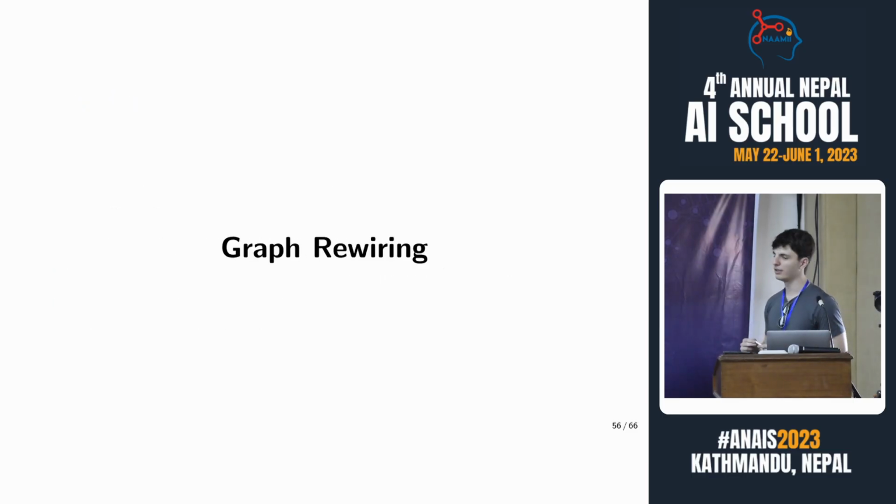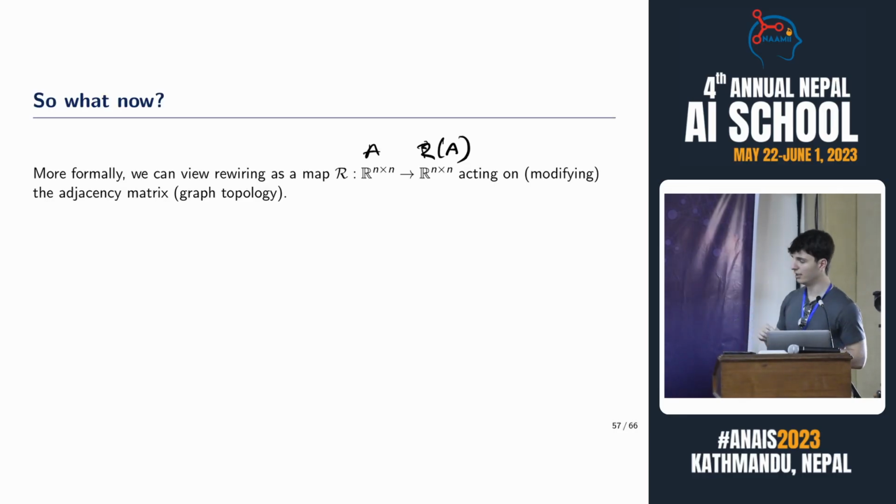Okay, now I will attempt to connect everything to transformers. Not necessarily just transformers, but I think this is a nice perspective on graph neural networks in general. We've spoken about changing the graph. We want to modify the graph in some way such that the information can propagate better.